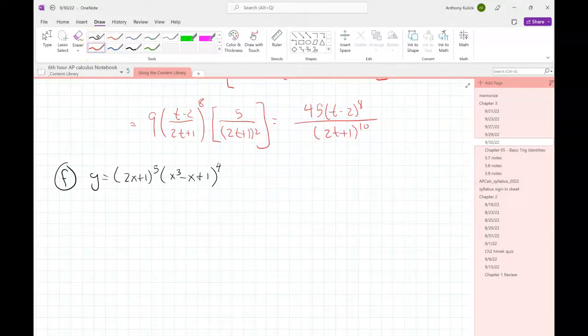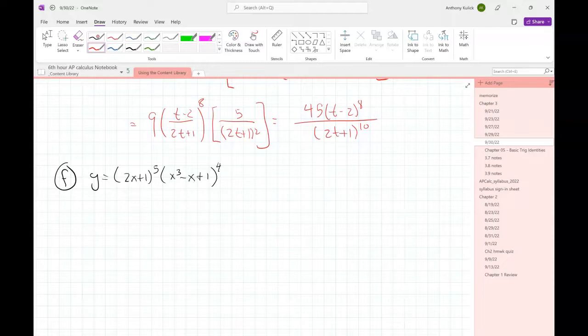Okay. So we have y equals 2x plus 1 to the 5th times x cubed minus x plus 1 to the 4th. What do we see here? Two new chains. Yeah, two chains and a product.